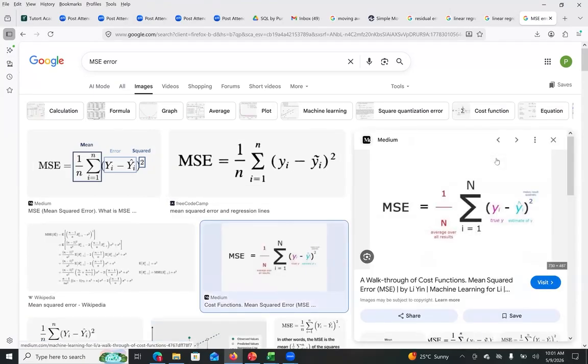Now, why are we taking a square of it? To penalize the large errors, to magnify the errors, and to overcome the cancellation of positive and negative values. Right, exactly. The magnify part was also correct, but the main intuition is that in linear regression, sometimes the errors are going to be positive, sometimes negative.